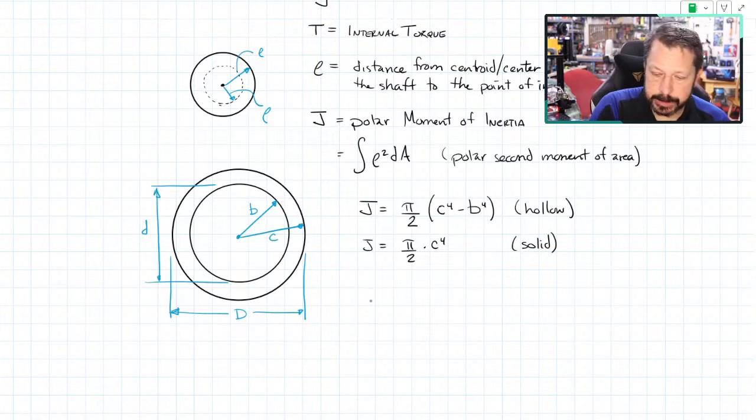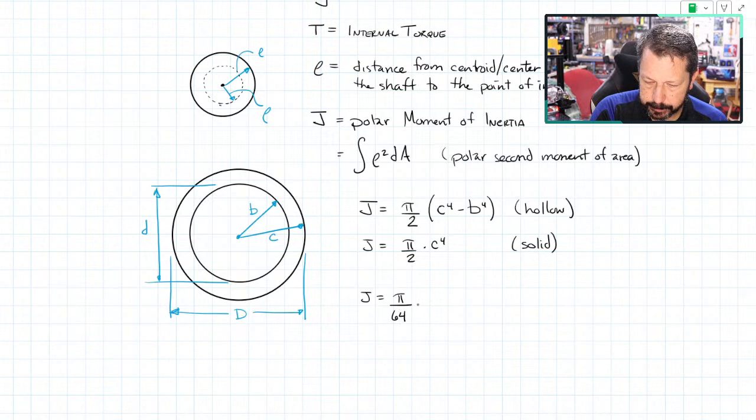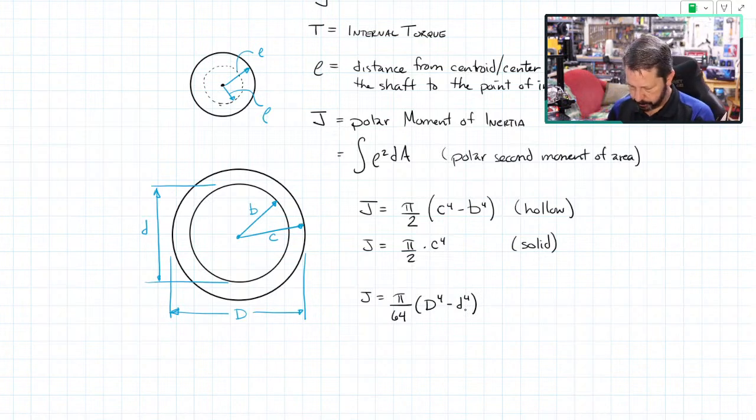If you have those, then J is pi over, what is that, 64? D to the fourth minus lowercase d to the fourth. Is that right? I think that's right. Yeah, 2 to the fourth is 64. So that should work.